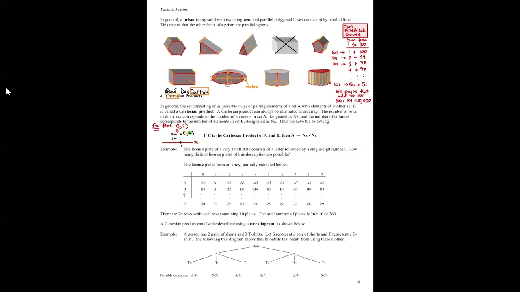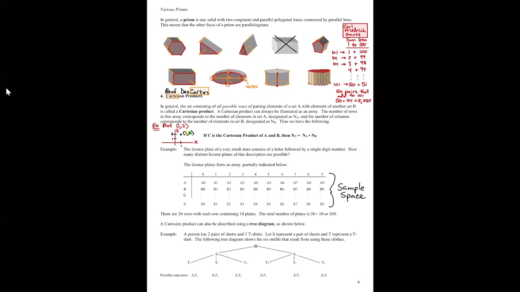Well, one way to do it is to create what we call a sample space. If you have any experience with statistics, these terms might be familiar. This is called a sample space, and all that is a listing of all the possible outcomes that you can have.